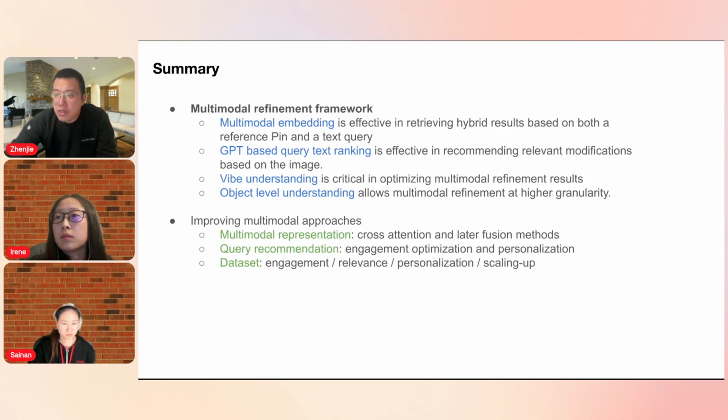We are also making better query recommendations in order to capture the most inspiring elements in the images, with optimizations in both engagement and personalization. A multimodal machine learning system relies heavily on the amount and quality of training data. We are making a lot of effort in creating a large set of training data, which is critical for these large machine learning models.